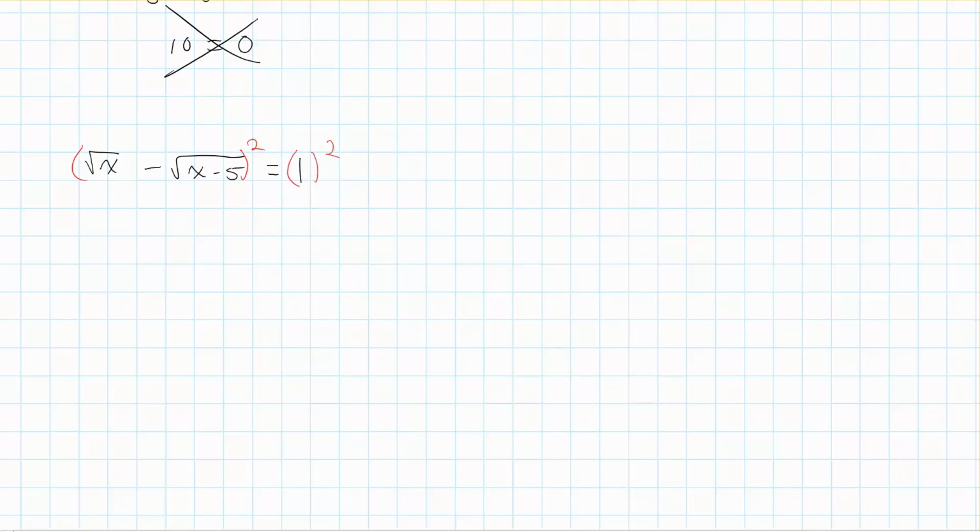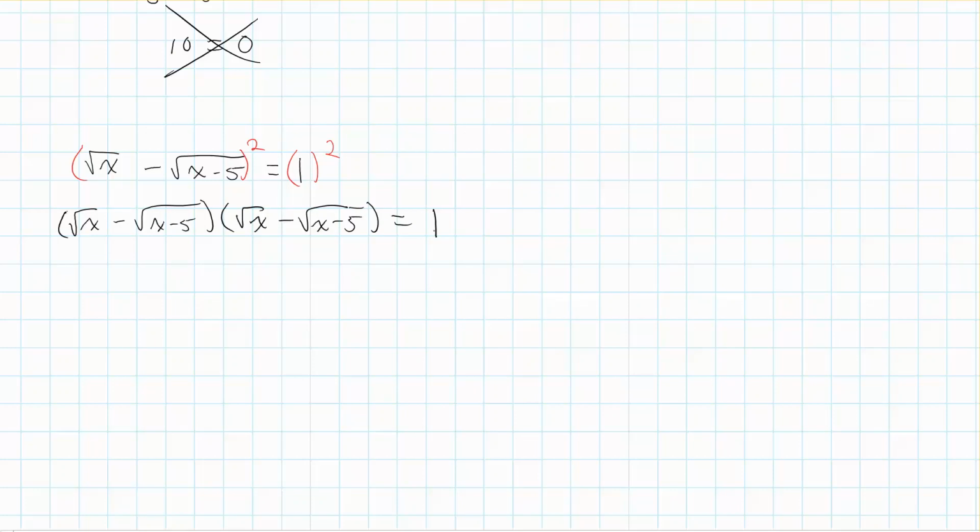But the problem is the left-hand side, I have to FOIL this out or use a special product, because this is really the square root of x minus the square root of x minus 5, times the square root of x minus the square root of x minus 5, and then this is equal to 1.